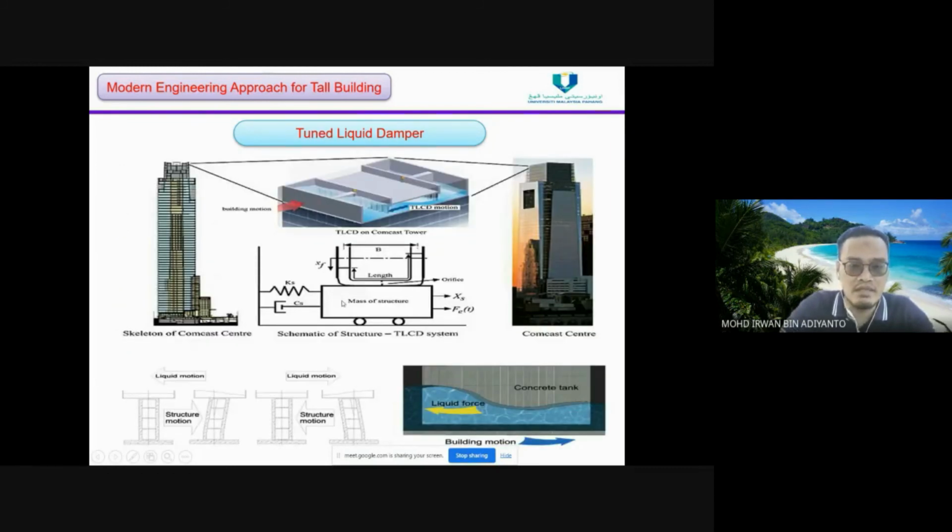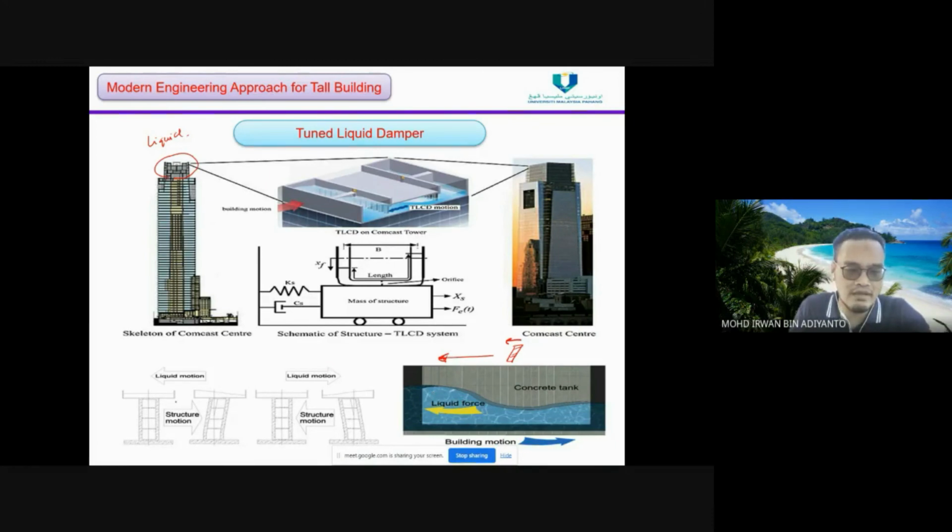So this is the concept of tuned liquid damper, where we provide a large amount of liquid at the top of the building, so it will move in opposite direction to the movement of the main building. So if the building moves to the right, the liquid will move to the left.